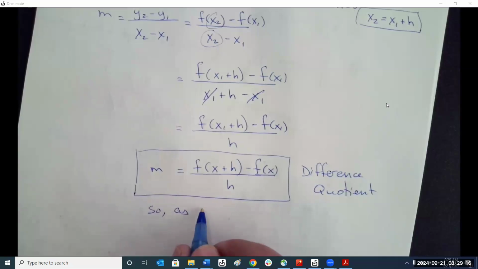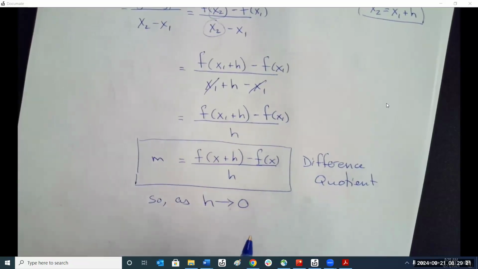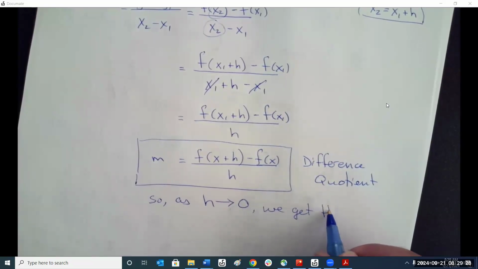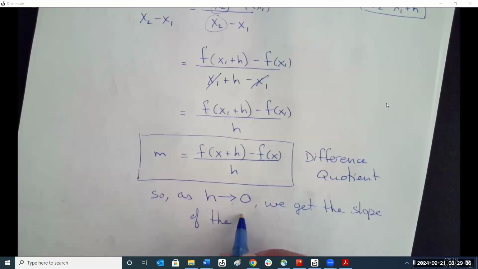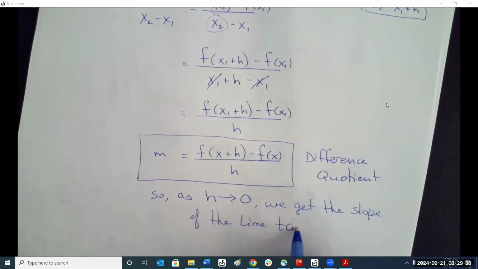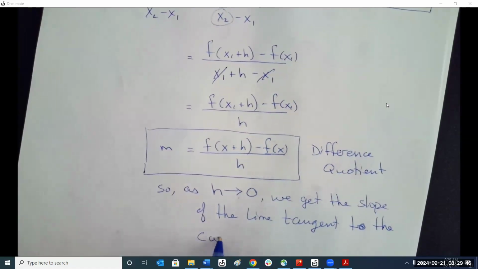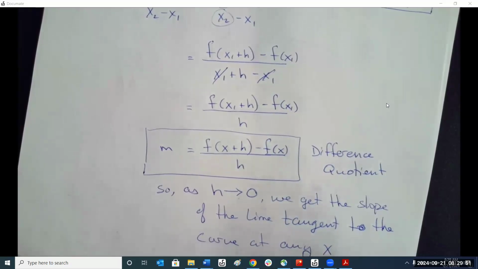As the value of h goes very close to zero or becomes zero, we get the slope of the line tangent to the curve at any x value.